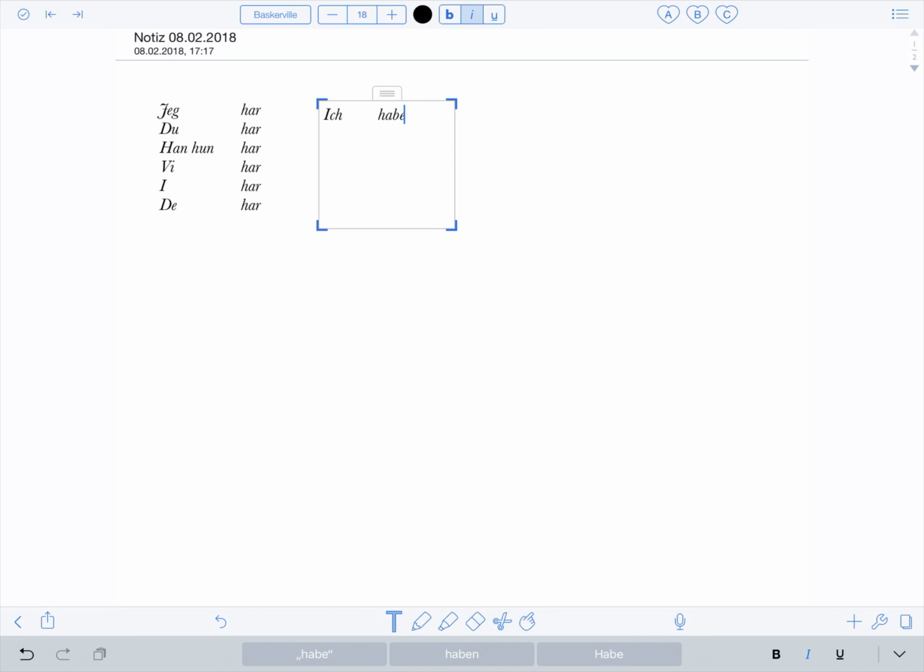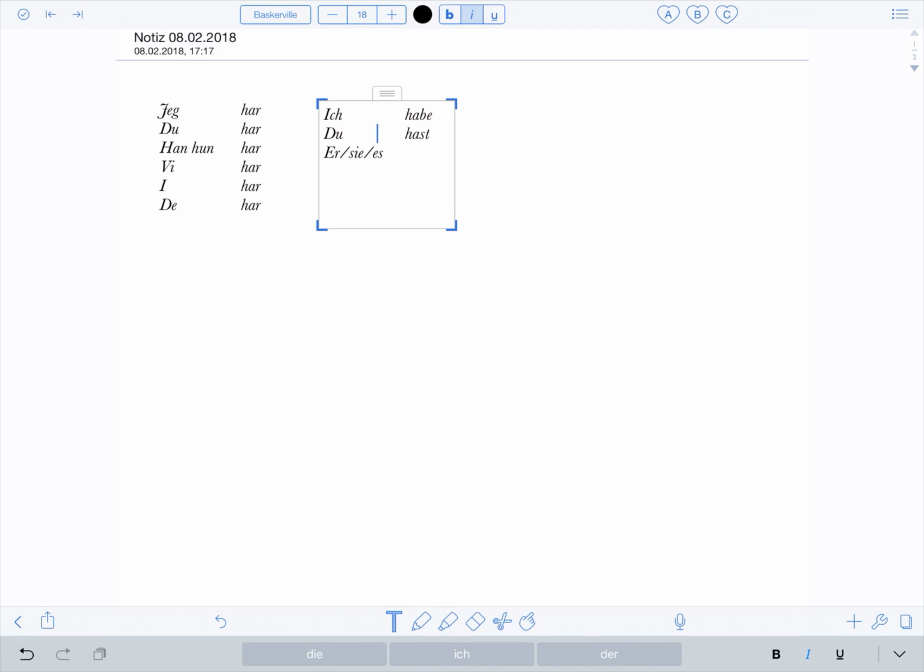Du, which is the same du as in Danish, but here you see the first difference. It is not du habe, it is du hast. Then you have the he, she, it, or er, sie, es in German. There you have another inflection of the verb, and that is er, sie, es hat.